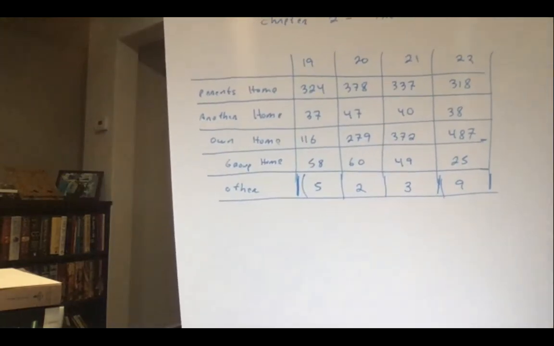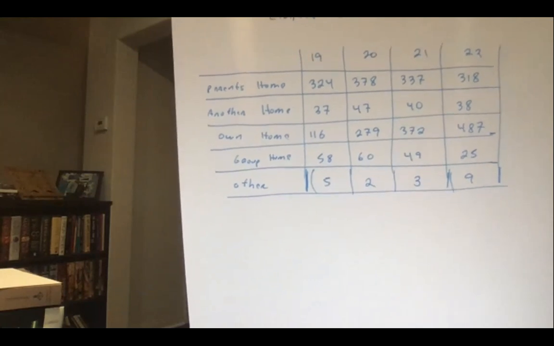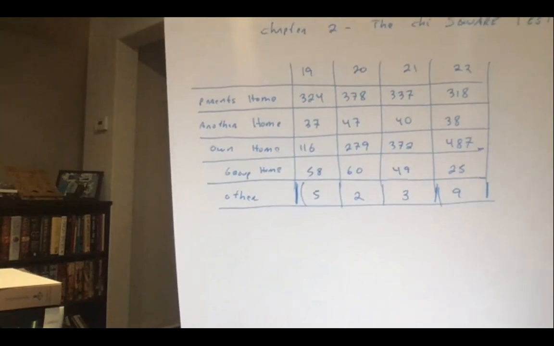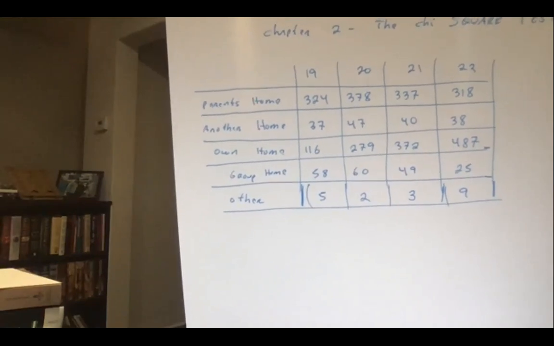And the question is the following. Are these two categorical variables independent of each other? In other words, are age and living quarters independent or not independent? Does one affect the other or not?